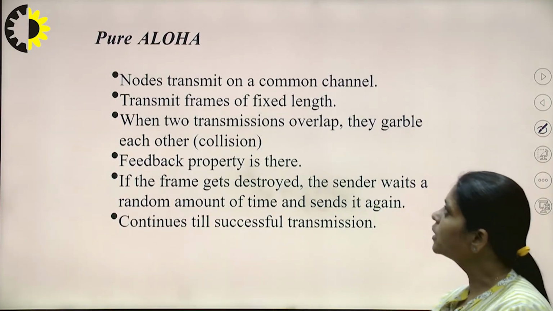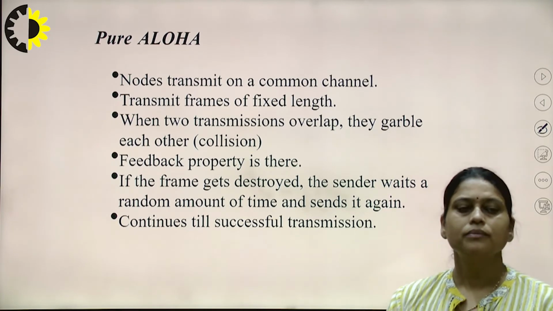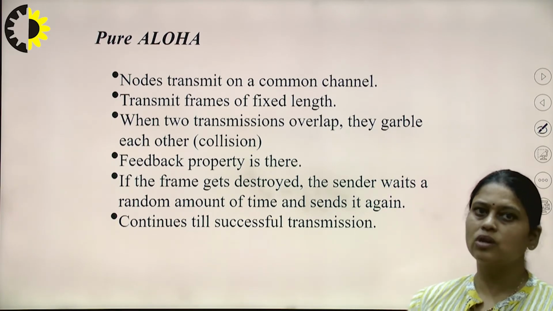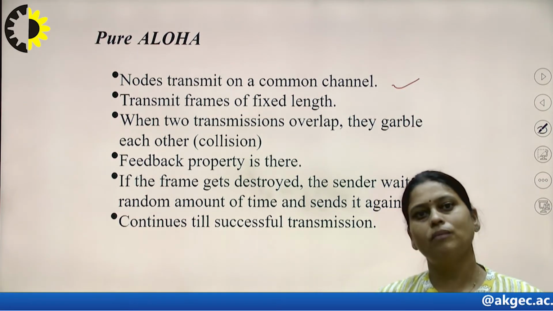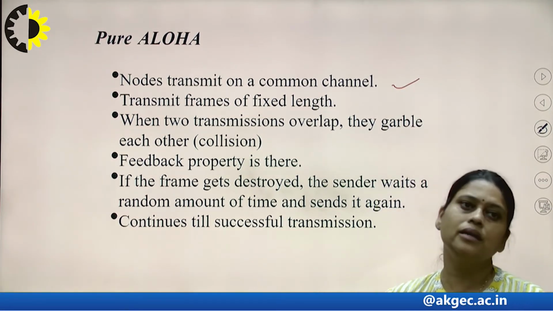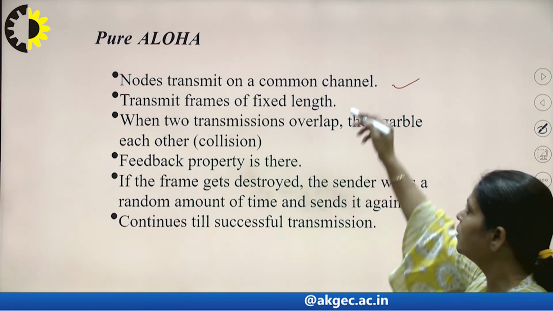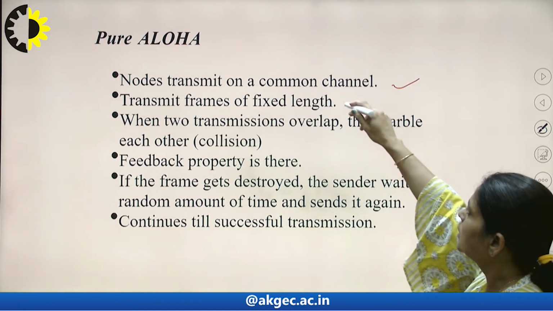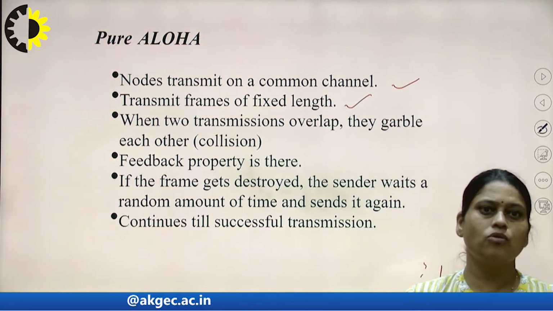If we are talking about Aloha, this is also called pure Aloha. In pure Aloha, nodes transmit on a common channel, meaning a single common channel is shared by all stations. And in pure Aloha, all these stations send frames of fixed length.